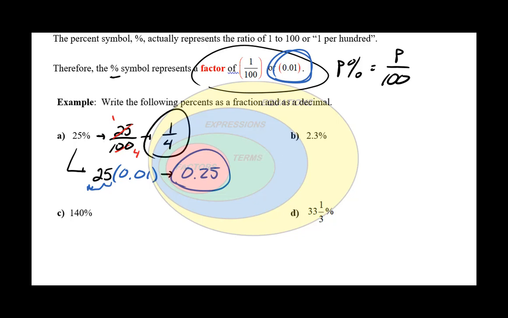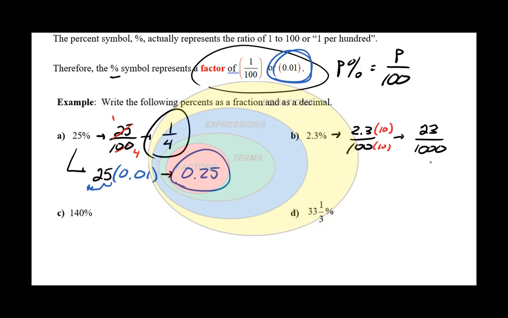2.3%. By the definition, that's the same as 2.3 over 100. And anytime we have a fraction with a decimal, we want to clear those decimals. So if I multiply the top by 10 and the bottom by 10, then I can simplify that fraction. So 2.3 times 10 is 23 over 1,000.